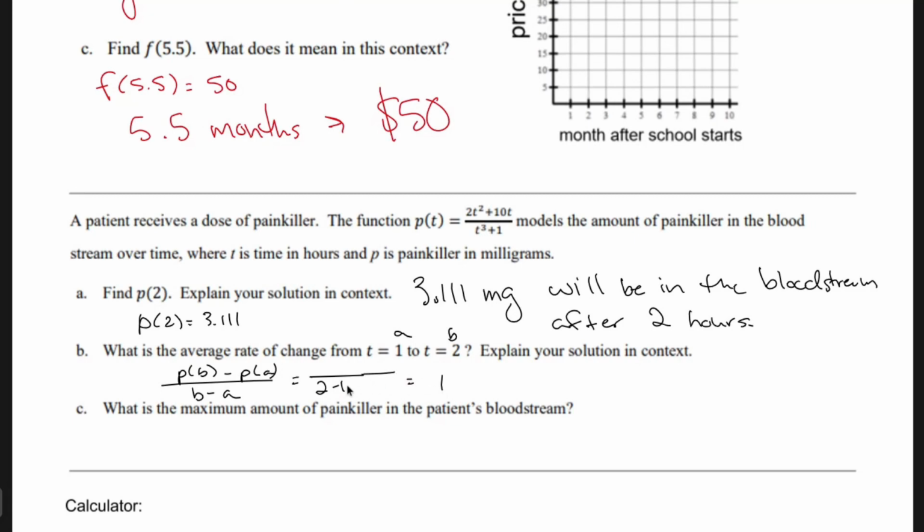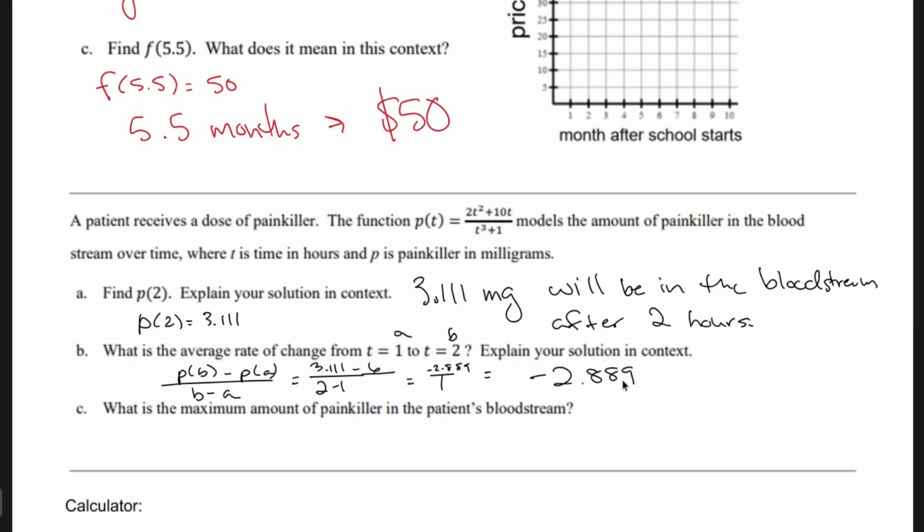So we used our calculators to find out that P of B was, I believe, 3.111, and P of A was 6. When I plugged in 2, I got 3.111. When I plugged in 1, I got 6. We ended up then getting negative 2.889 over 1, which is negative 2.889.